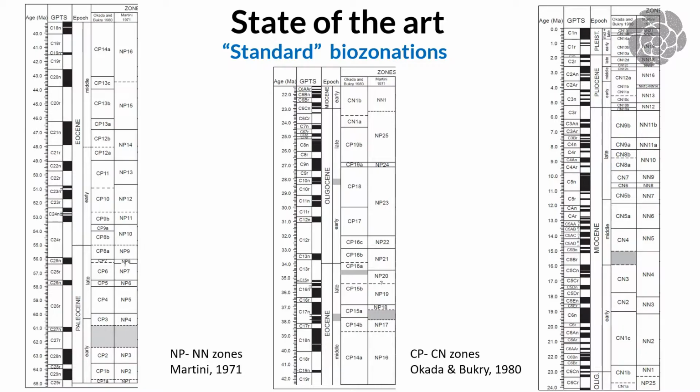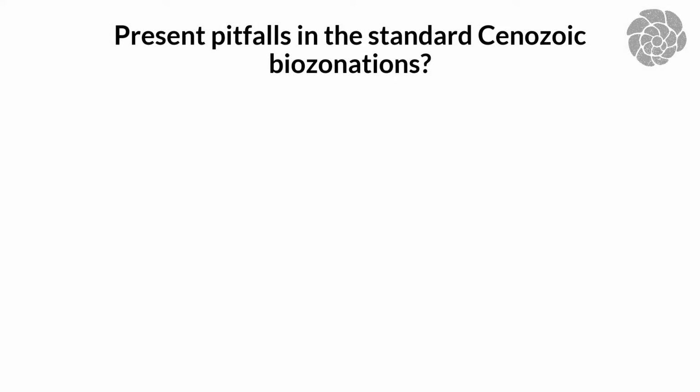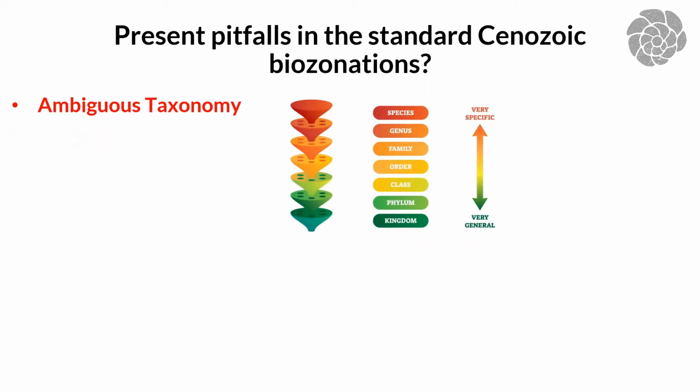But not everything shown here is without problems. There are pitfalls in this standard biozonation. What are these pitfalls? I identified more or less four categories.